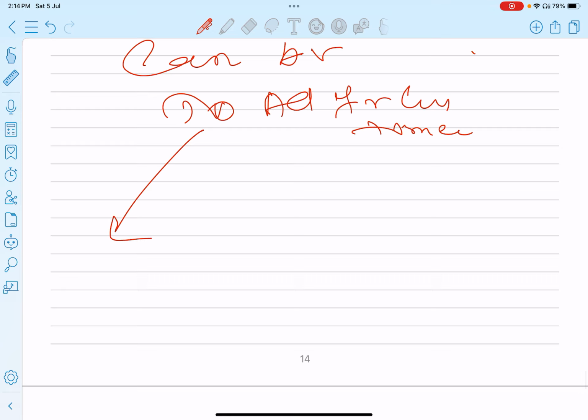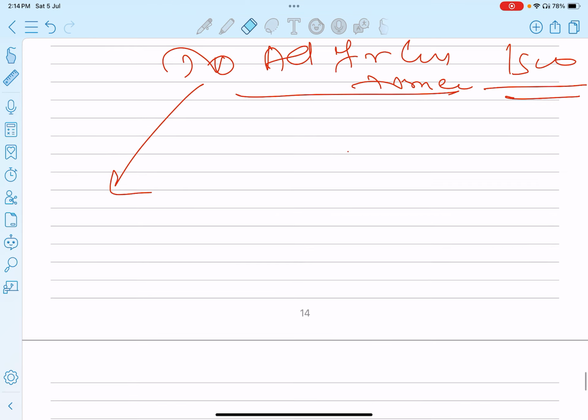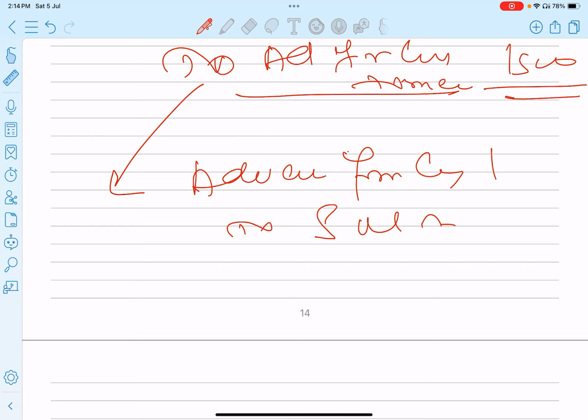Now every month you will transfer money from advance from customer to sales 100.